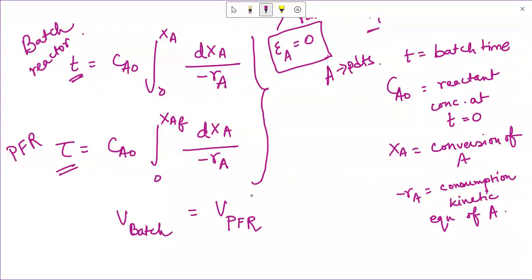But in case of very long term production, we may have to correct the size requirement to take into consideration the shutdown and startup criteria in between the batches. So keeping that apart, the batch reactor volume and the plug flow reactor volume become the same for the constant density system. Next, we will be discussing flow reactors or the continuous reactors.